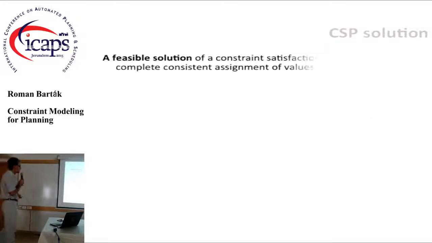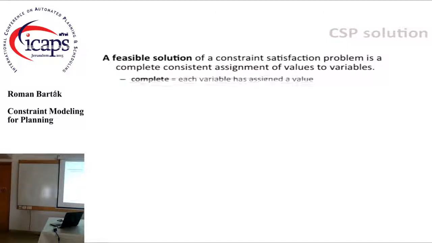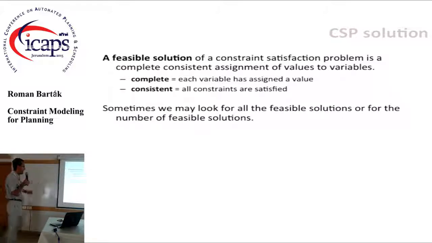Okay, so what's a solution to a CSP? A feasible solution to a CSP is an instantiation of variables that is complete and consistent, which means that each variable has an assigned value and no constraint is violated by this instantiation. Sometimes we are looking for all feasible solutions, or we may look for just one solution, or we may need to select some solutions.